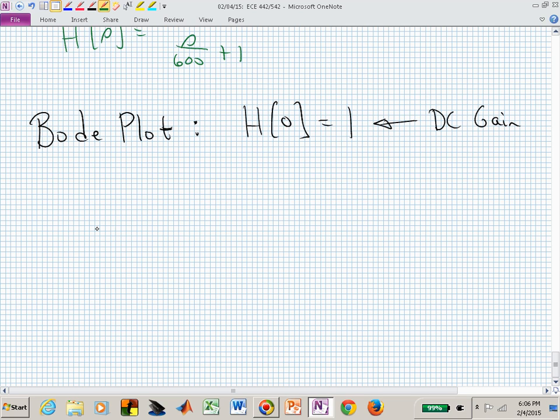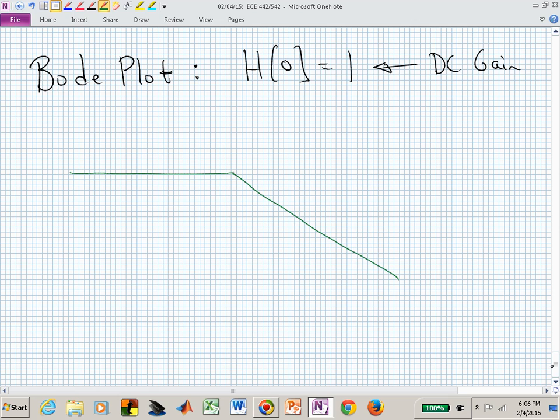If I just quickly sketch the magnitude until some frequency, and then we're only going to be sloping at one slope all the way till the end frequency, which is never going to be reached. What's this break point?